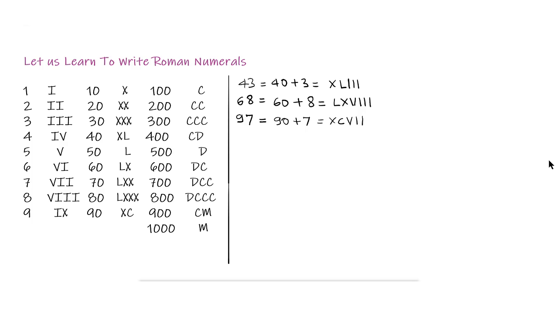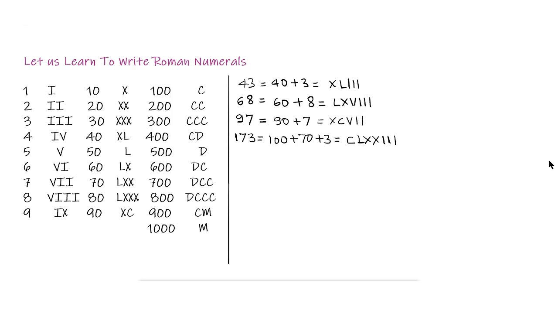Now let's go to a few 3-digit numbers. 173. This is 100 plus 70 plus 3. 100 is C. 70 is LXX and 3 is III.